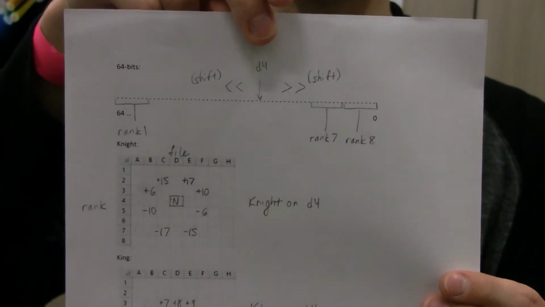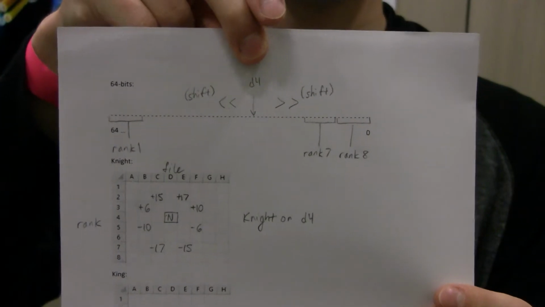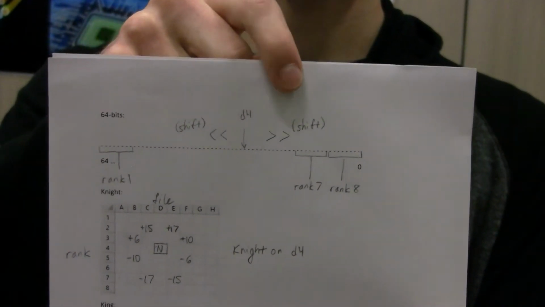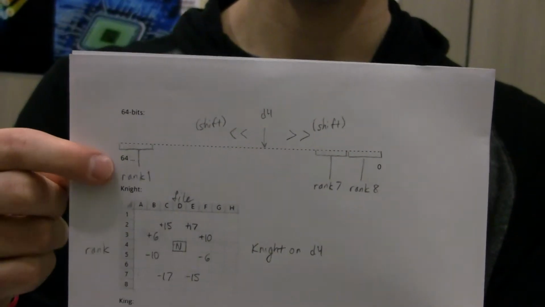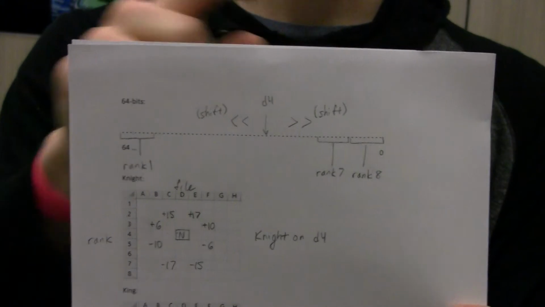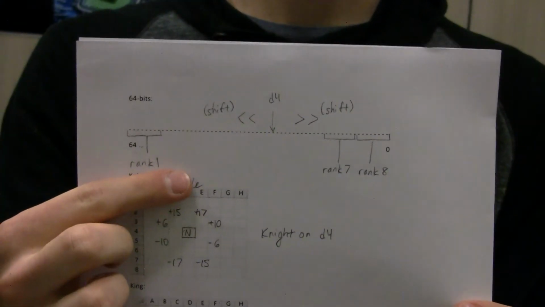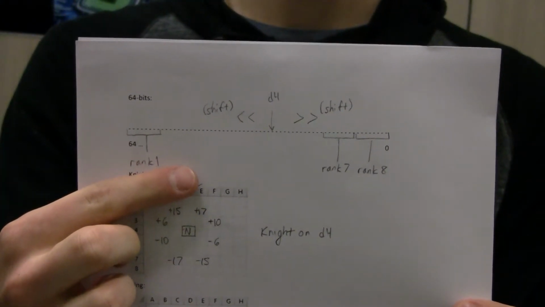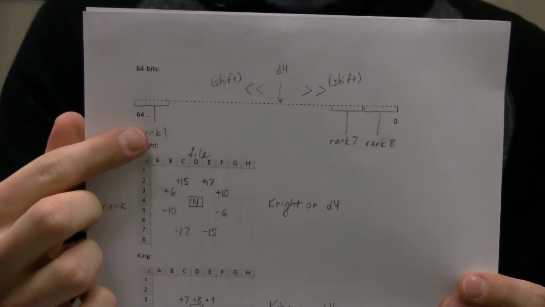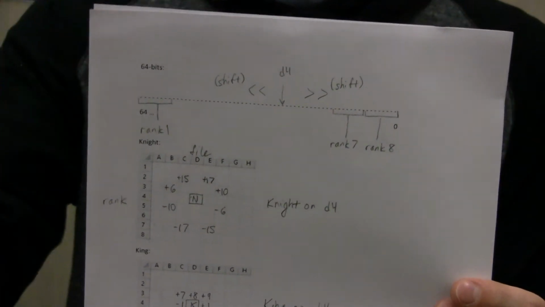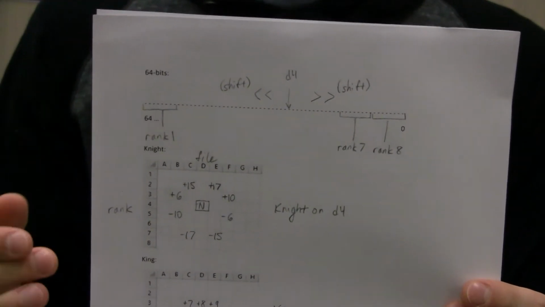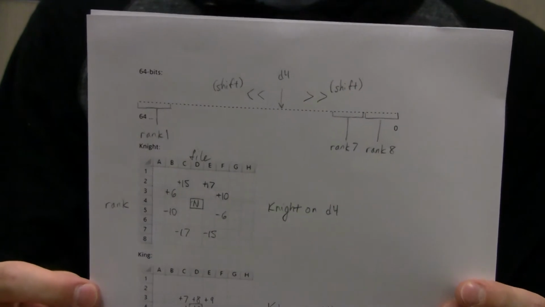And in order to move that knight, we can shift the bit by a certain number of places, and that will actually move the piece. And so as you can see, if I shift that bit for the knight on d4 by 6 or 10 or 15 or 17, that moves the knight up or down in the L shape, according to the rules of the game.